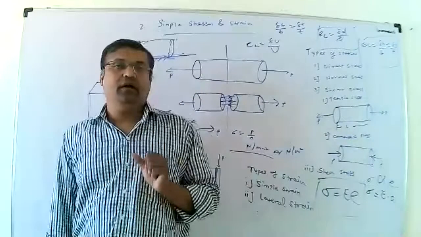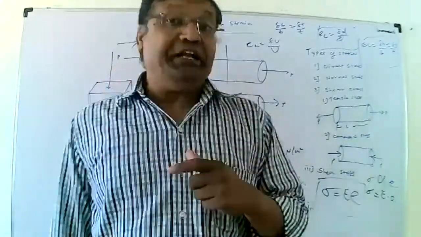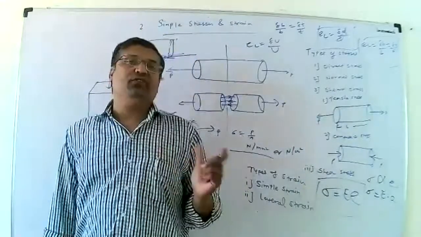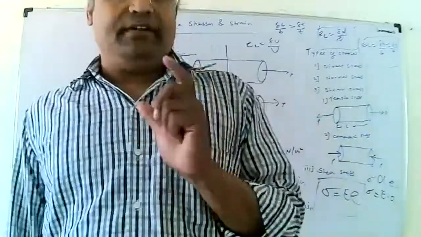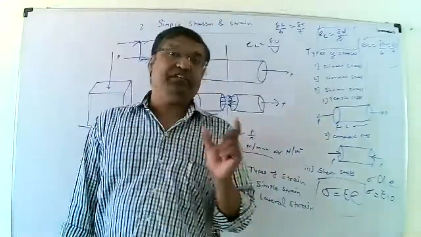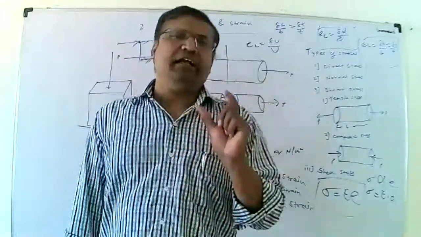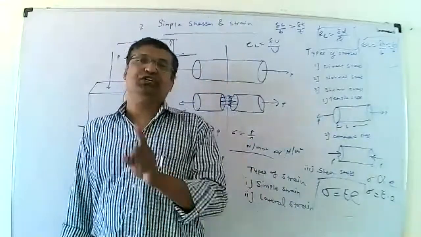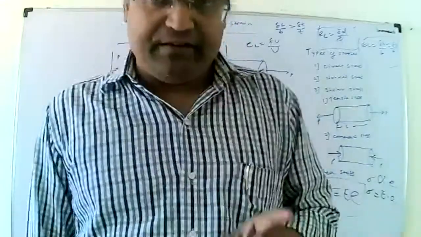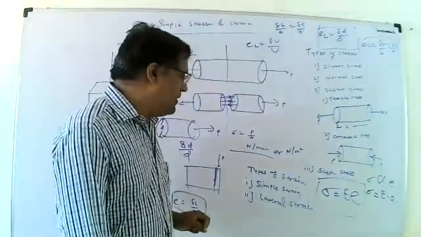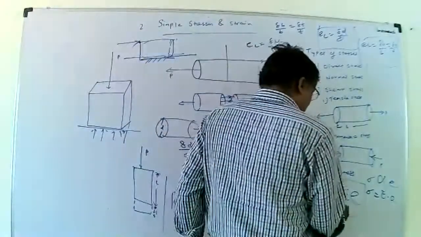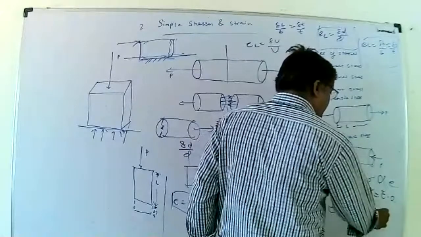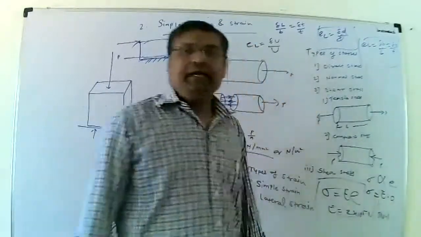That is a very, very important value while solving any kind of problem related to Young's modulus of elasticity. If that value is not provided in the problem, always assume that E is equal to 2 into 10 raised to 5 Newton per mm square.